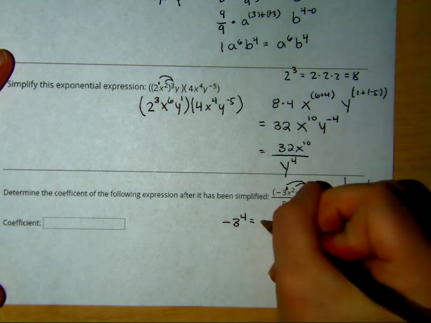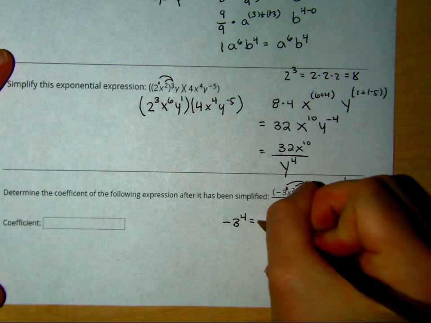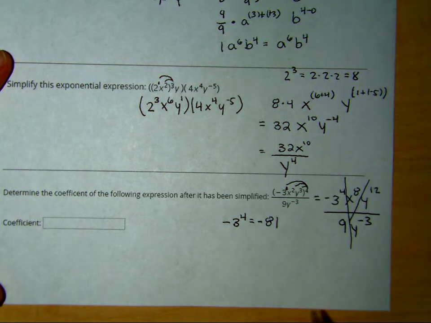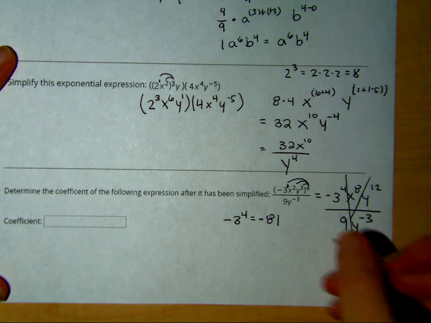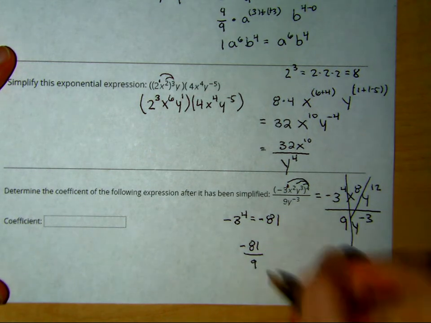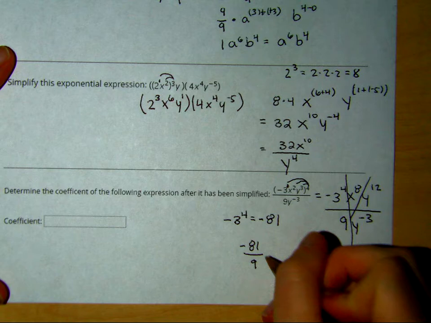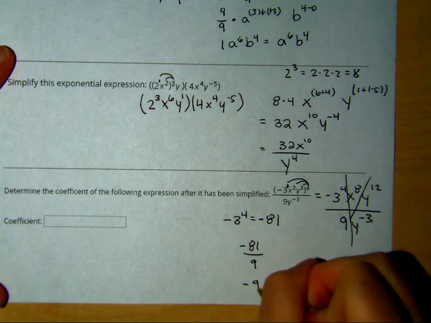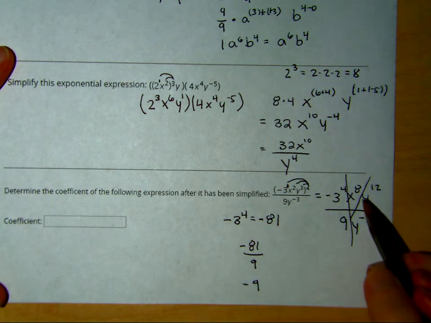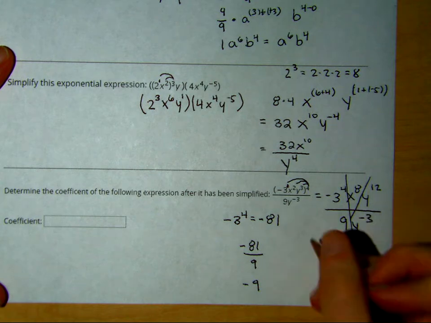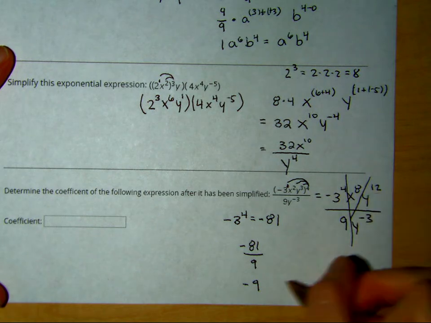Okay, so we have negative 81 is what that equals. So we end up with negative 81 over 9, which if you divide negative 81 divided by 9, you get negative 9.